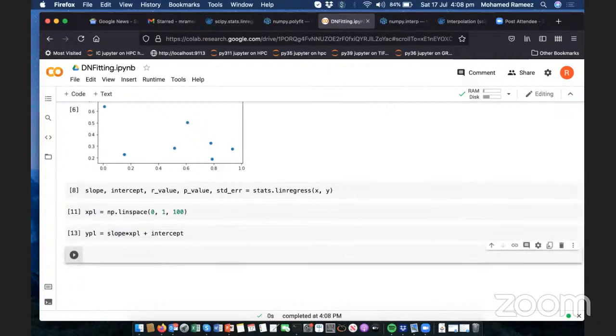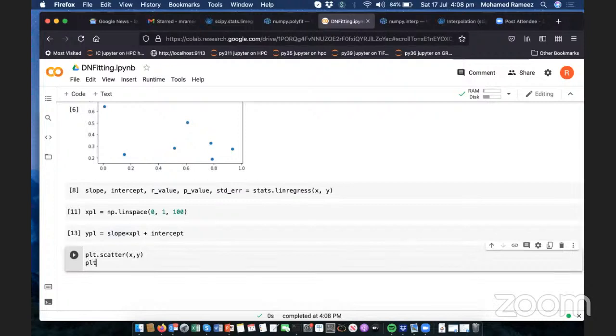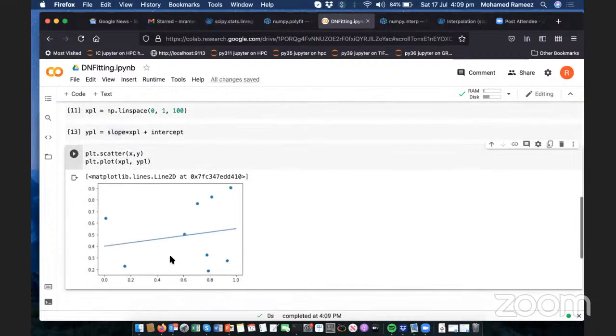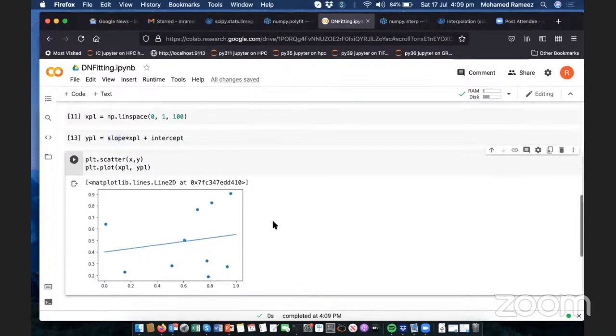Now let us do plt.scatter(x, y), which are the same points that I already plotted, and I will do plt.plot(xpl, ypl). Let us examine what has happened. You will notice that the best fit line for all of these points looks like this. And quite obviously, it is not very illustrative.